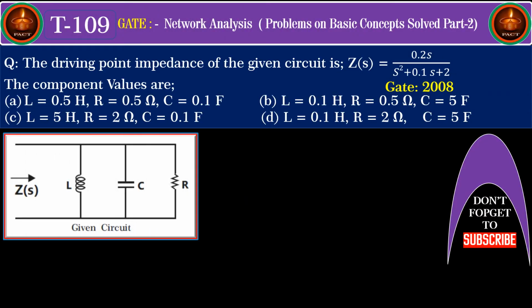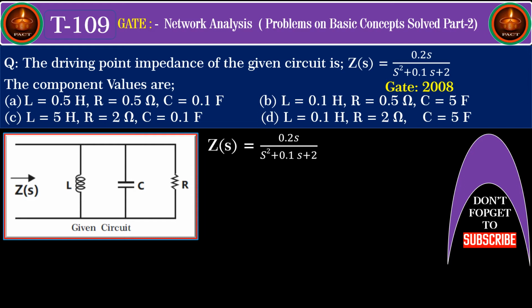Friends, next we shall solve one simple problem from GATE 2008. In this question, it is given that the driving point impedance Z(S) is given, and we are required to find the component values of L, R and C. We know Z(S) is equal to 0.2S divided by S square plus 0.1S plus 2.